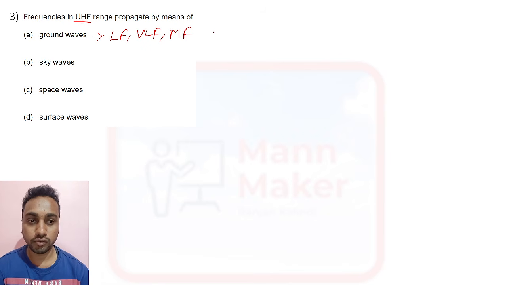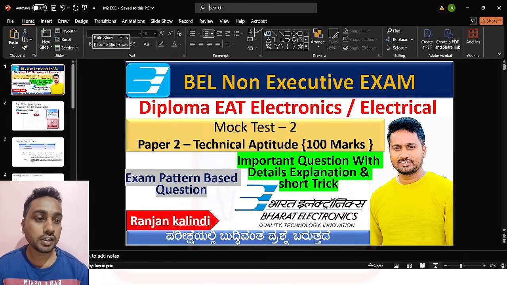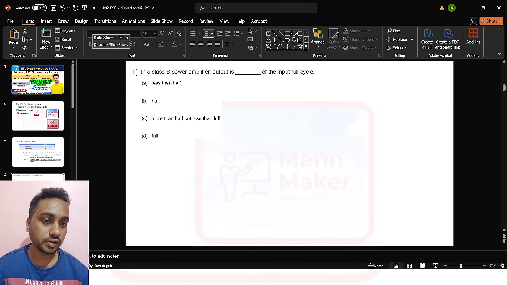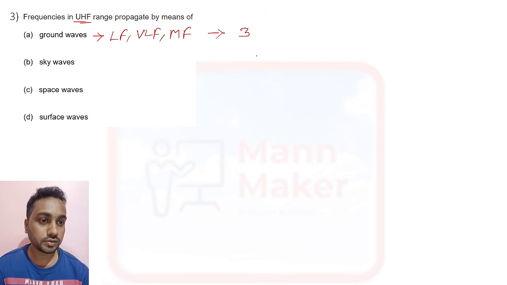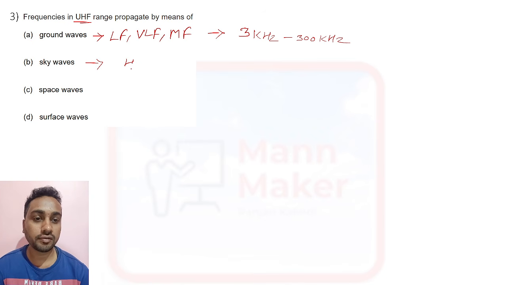The range for ground wave will be around 3 kilohertz to 300 kilohertz. And for skywave we are using high frequency, that is the range of 300 kilohertz to 300 megahertz. And for space wave we are using very high frequency.